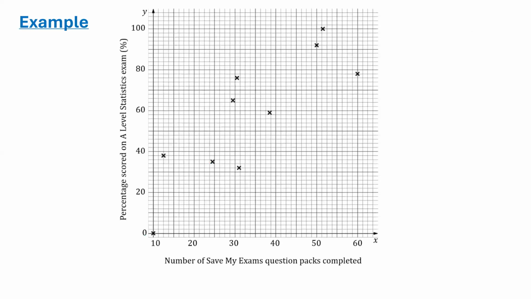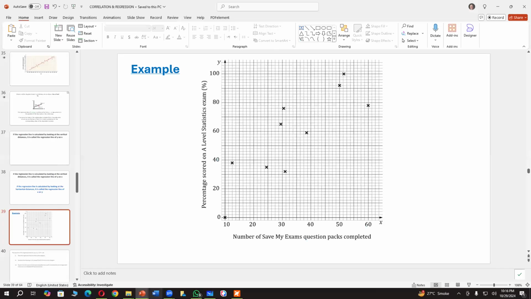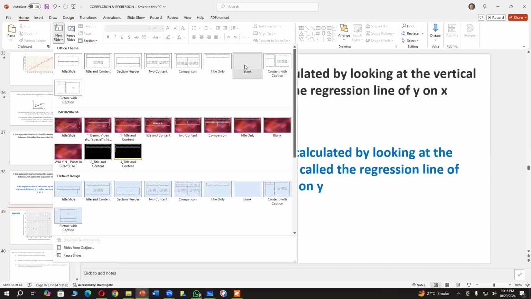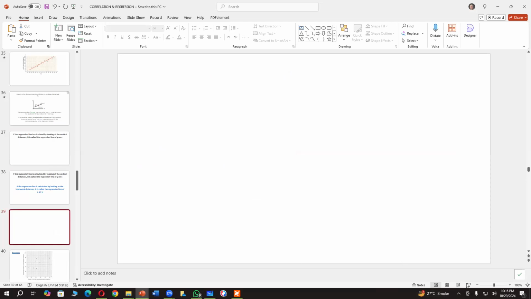Normally we work with the first one, y on x, which is originally y is equal to mx plus c. So we put our next line: linear regression line.